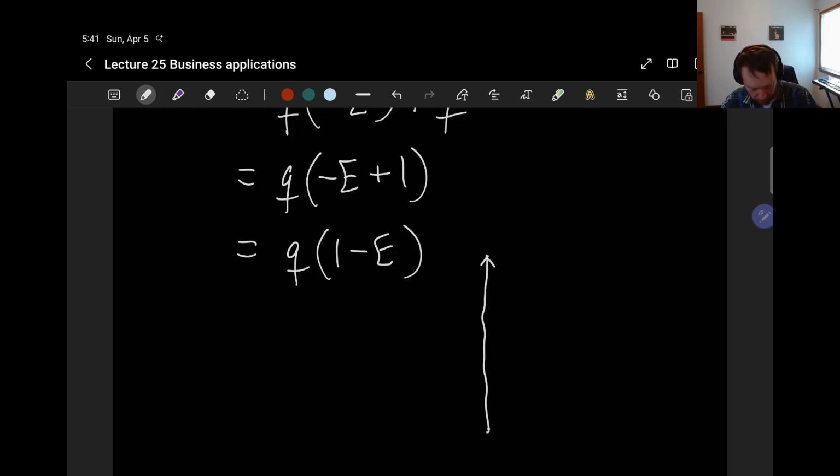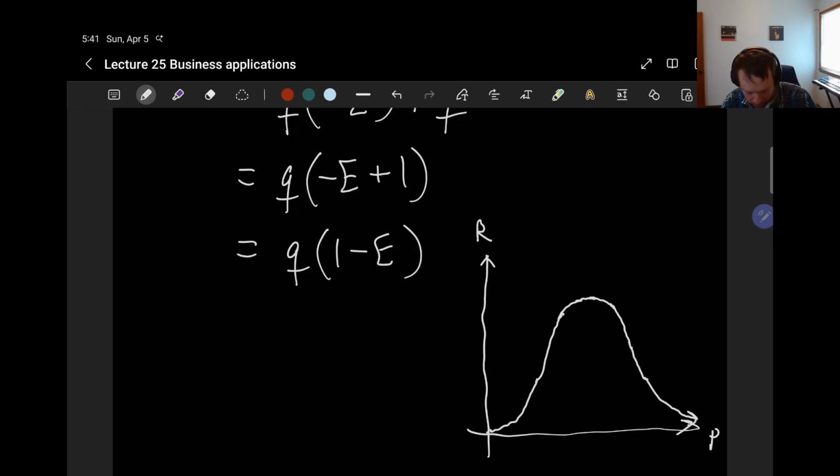And I'm even going to make a little graph here, which roughly shows what's going on. We have revenue R, the money we're taking in, as a function of the price that we set. It's going to have this kind of bell curve shape roughly. This may not be super exact, but gives us a pretty good picture of what's going on.